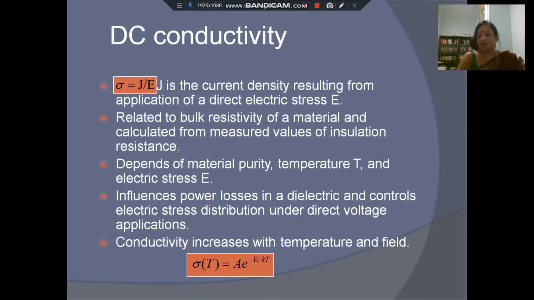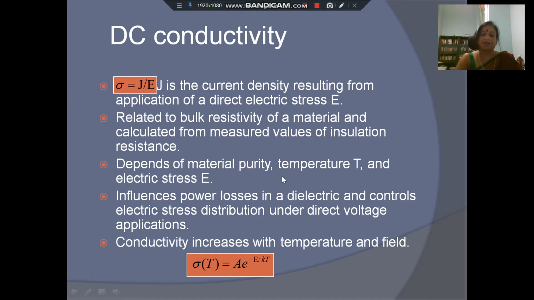J is equal to sigma E is nothing but the field theory representation of Ohm's law. Sigma is a property of the material, and you can obtain it once you are able to measure the value of the insulation resistance of a dielectric material. We will discuss that later.